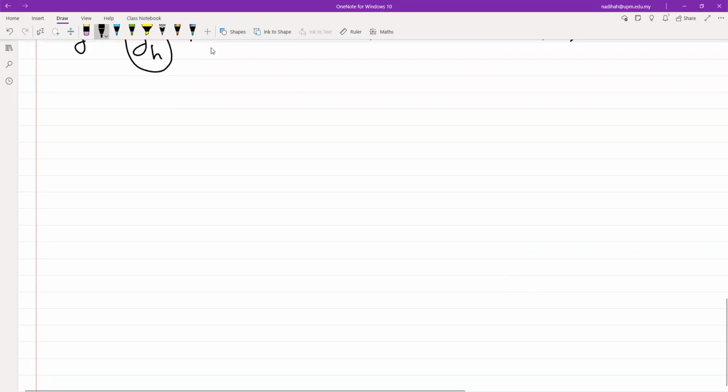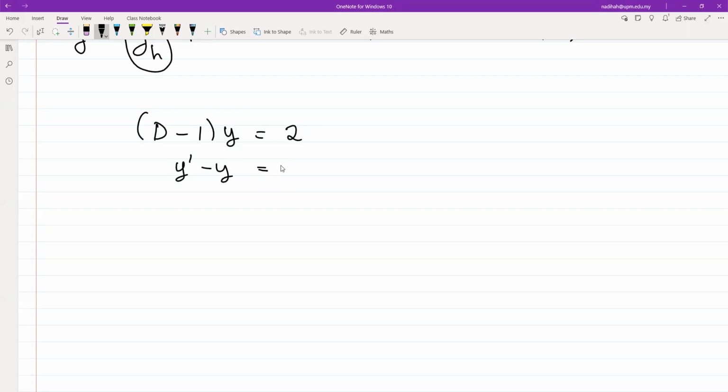So let's say this case, let's use this one. Kalau saya ada contoh yang paling mudah, D (D minus 1) of y equals, let's use 2, katakan 2, constant. So in this case, kalau awak tengok dia adalah constant, so maksudnya kalau saya derive, saya akan dapat y prime minus y sama dengan 2.